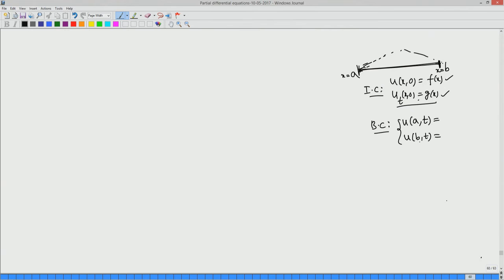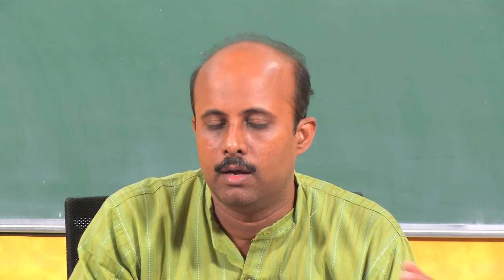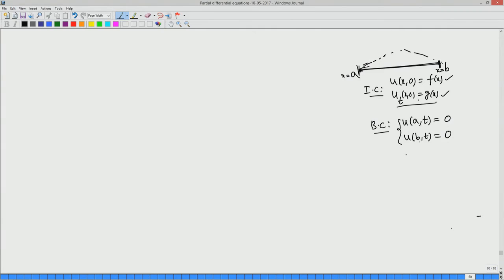Okay. So, what do I do? Physically, you can fix your string as a fixed string or allow it to be free, just like you have seen earlier. So, for these two boundary conditions, you can give 0, or you can change the boundary conditions. You can fix one end and make the other end free, that is x derivative at b,t equal to 0.